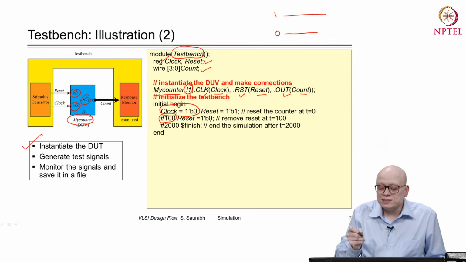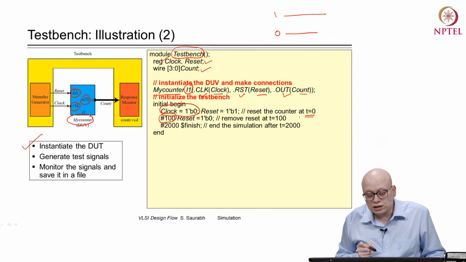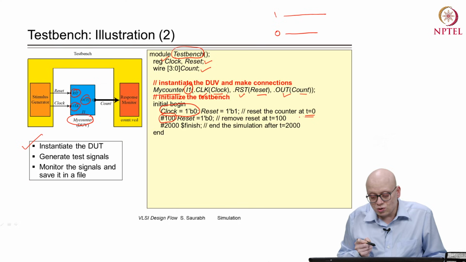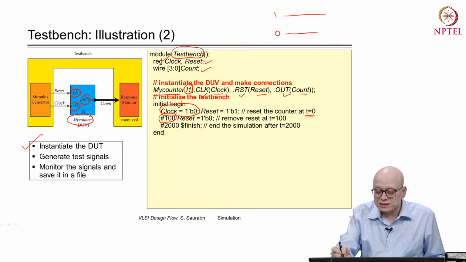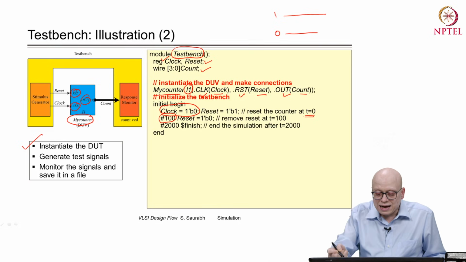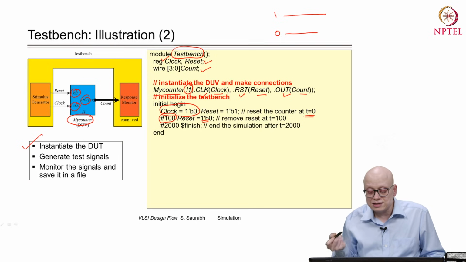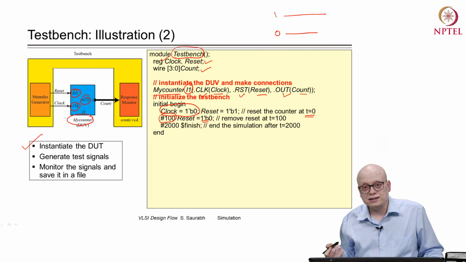So, what happens is that at t equal to 0, the clock will be 0 and reset will be 1, and it will reset the counter to 0. After 100 time units, we make reset equal to 0, meaning that now we have deasserted or removed the reset.